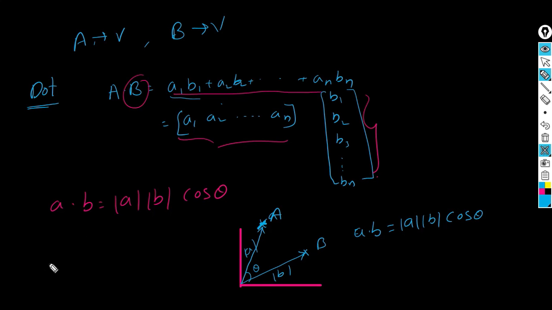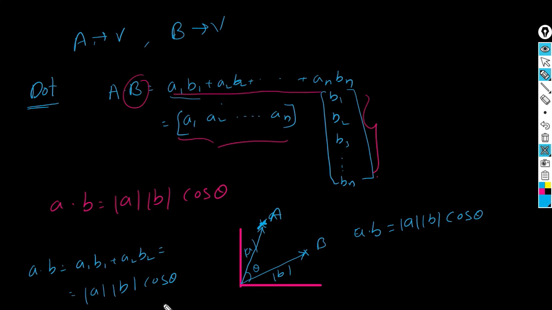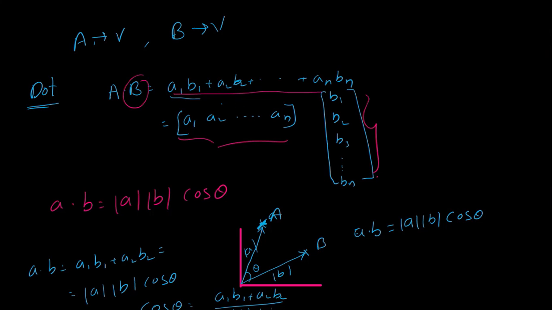Because we already know A dot B equals A1 B1 plus A2 B2, and it is also equal to modulus of A modulus of B cos theta. Then cos theta equals A1 B1 plus A2 B2 divided by modulus of A times modulus of B. In this way we will get the cos theta values. If we just know the point values, everything is easy to find for the dot product.